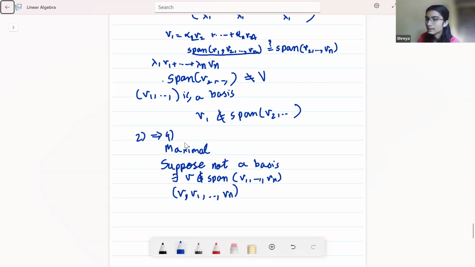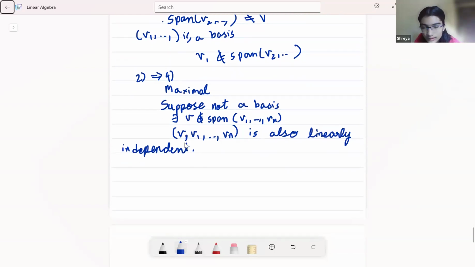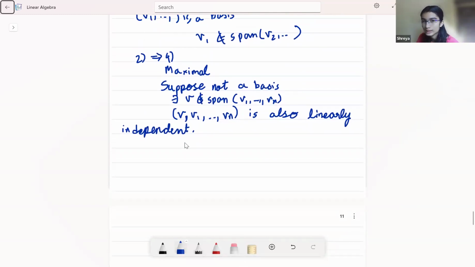I've not worked it out properly. Okay, yeah, it will work. And then you consider this set and show that it is also linearly independent. So then you're done, because it contradicts the maximality of the set.